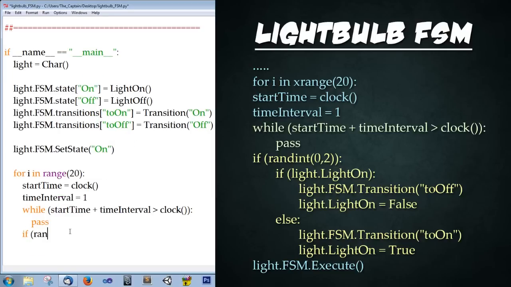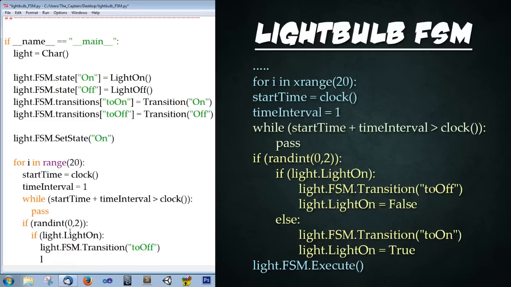Next type if randint, that function we imported above, open parentheses 0, 2, close parentheses colon, enter, if light_on colon, enter, light.fsm.transition, open parentheses, "to_off", close parentheses, colon, light_on is equal to False.